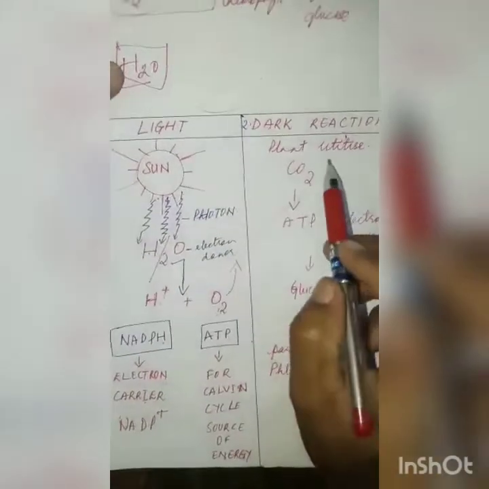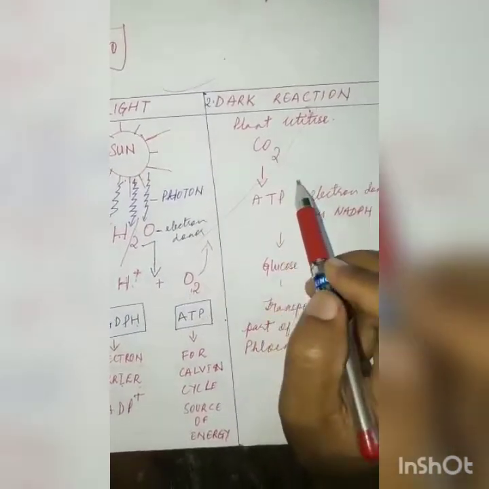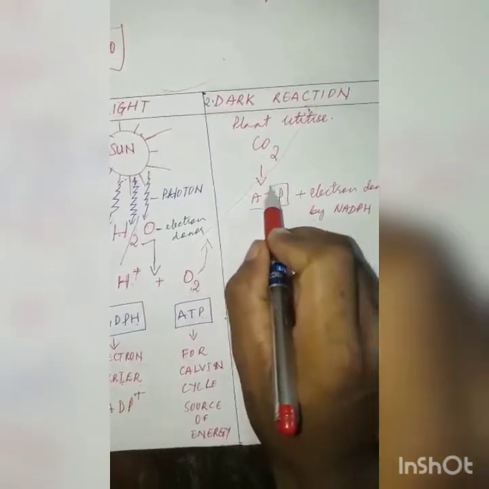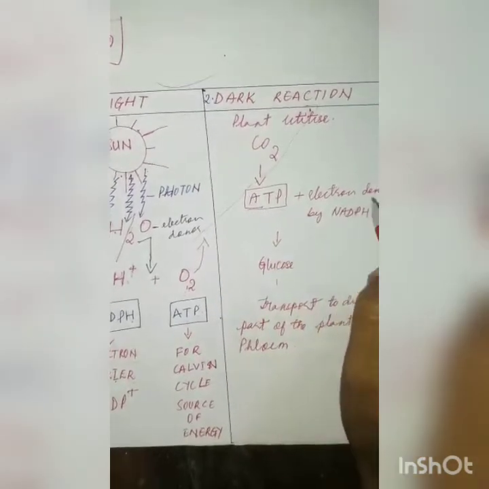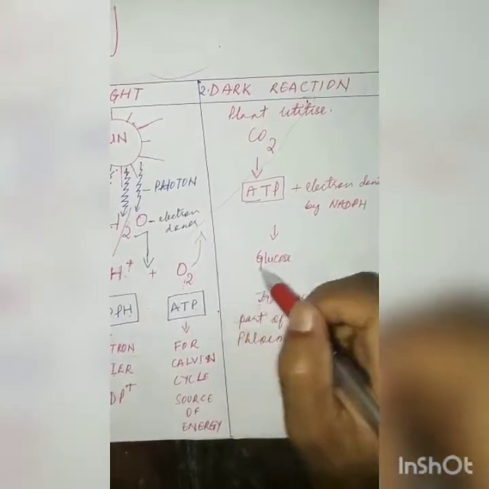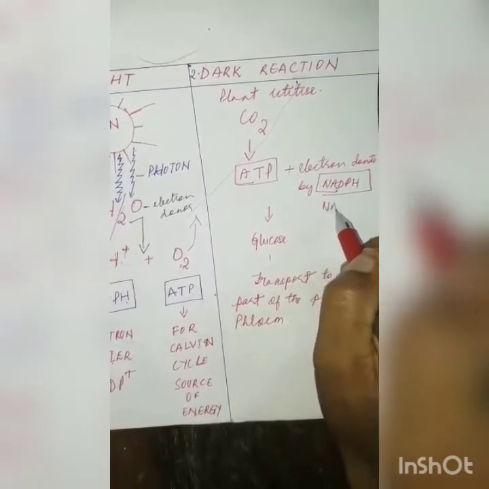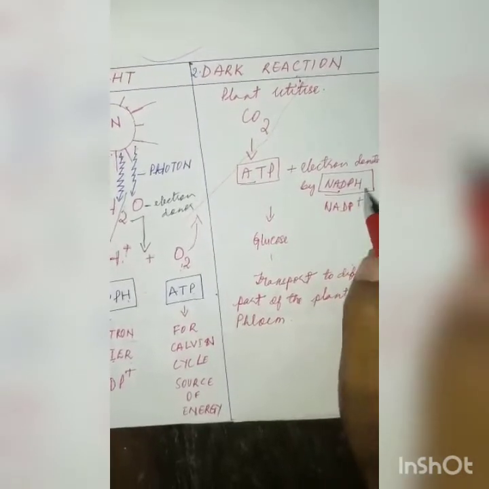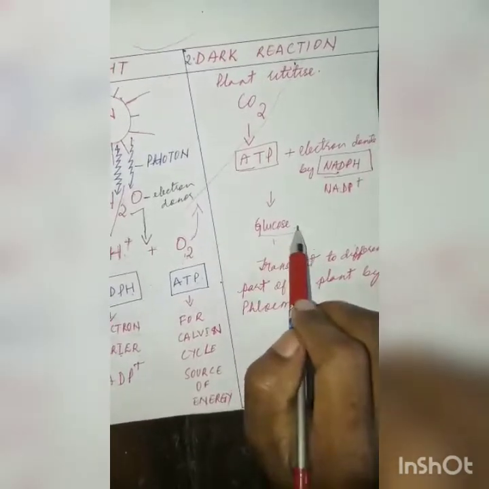The plant utilizes this carbon dioxide without the use of sunlight. Then along with it, it will use the energy that we get from the light reaction, plus the electron donated by the NADPH, or the NADP plus, and through this process it produces glucose.